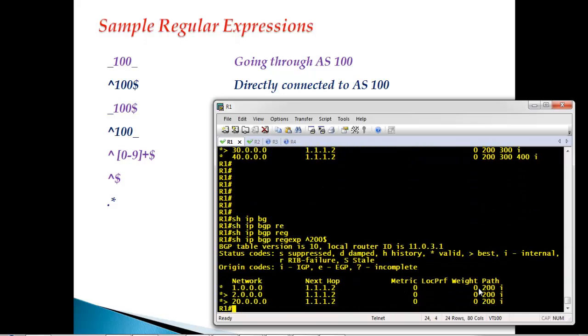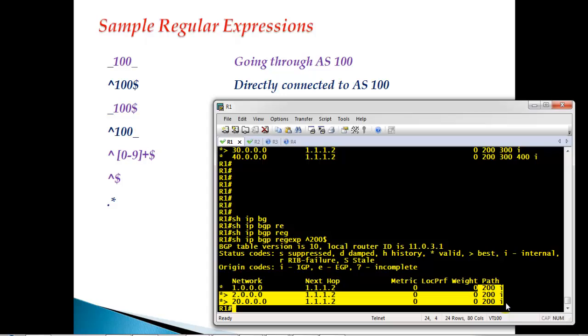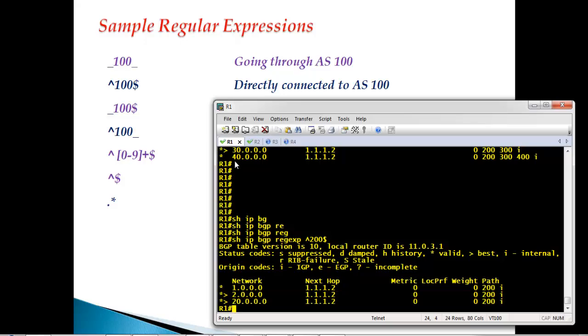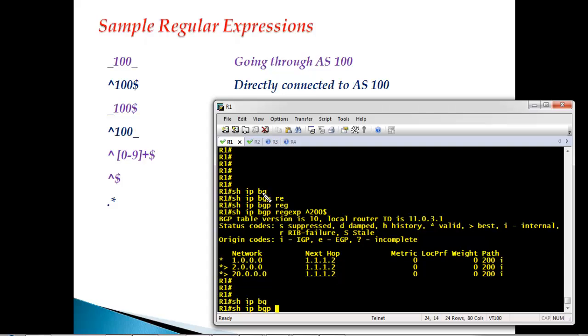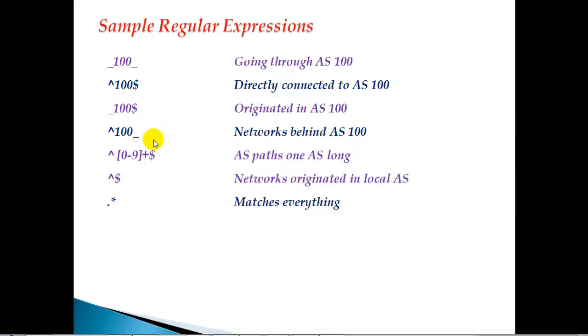So it's going to display all the prefixes which include only 200 or 100. Anyway, in my example it is 100 here, but I'm connecting on router 1 which belongs to 100, and you don't see that 100 here, so I'm using 200. It can be anything. Now in a similar way, you may want to match the prefix which is originating from 200. Let me explain that here.